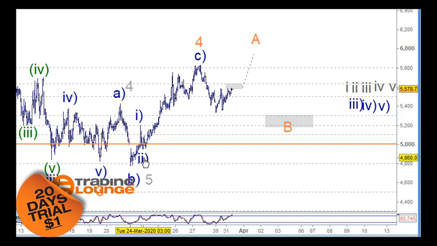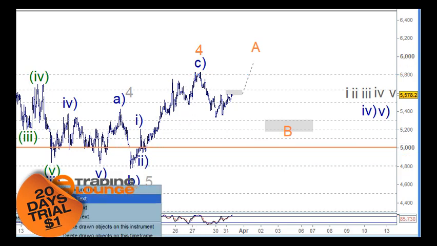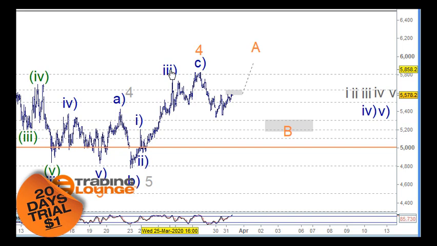This is just an idea that we're presenting, and this would also be in line with the DAX. So wave 3 here, wave 4 over here, and then wave 5 moving in up here, and then having an A, a B and a C for the B wave, and then moving up from that point.